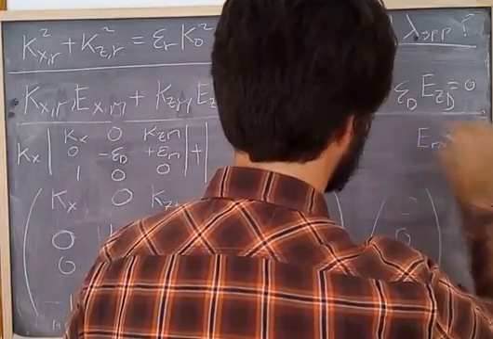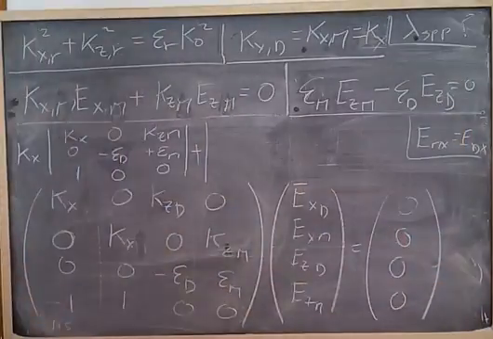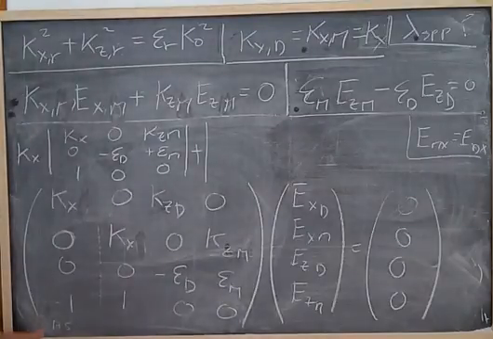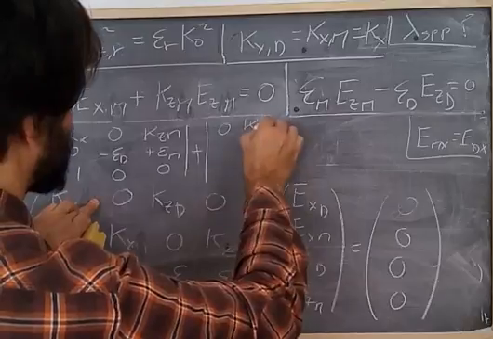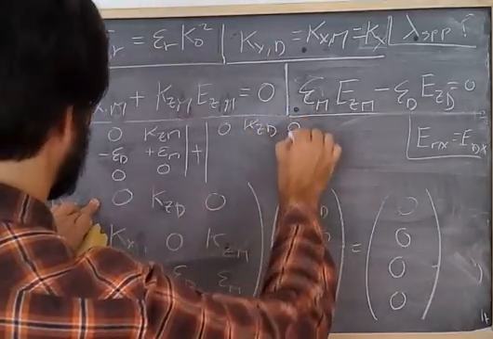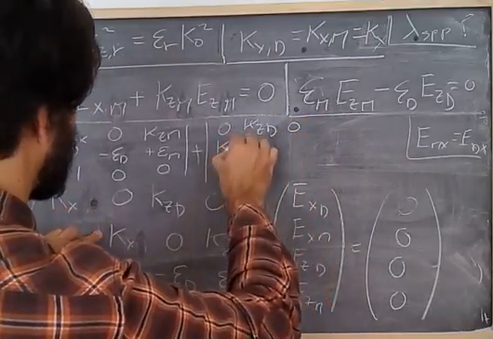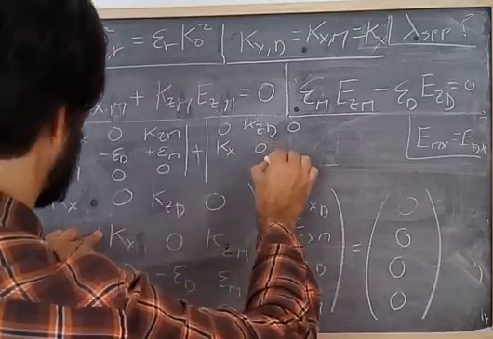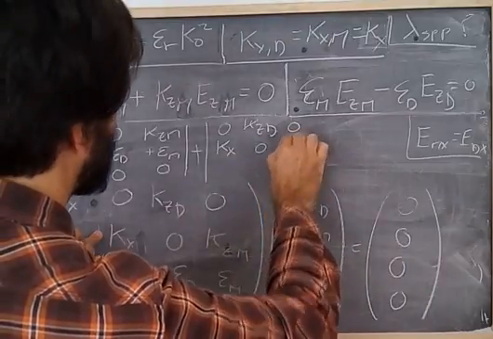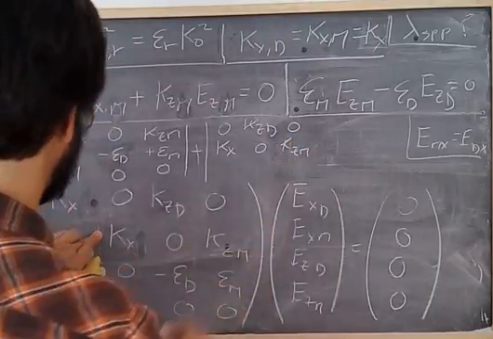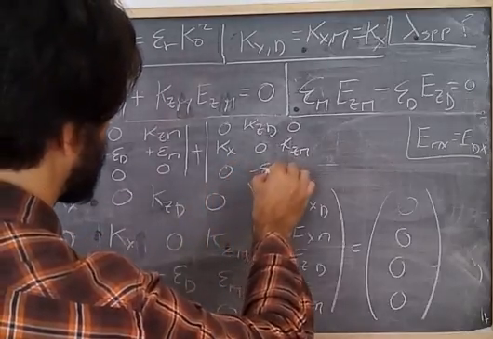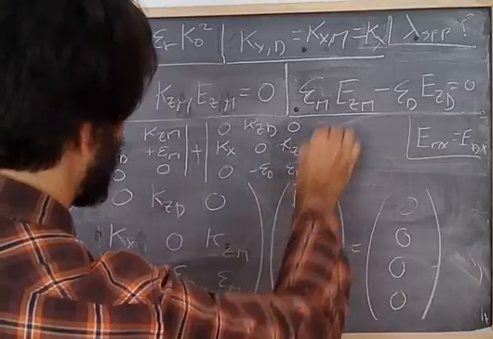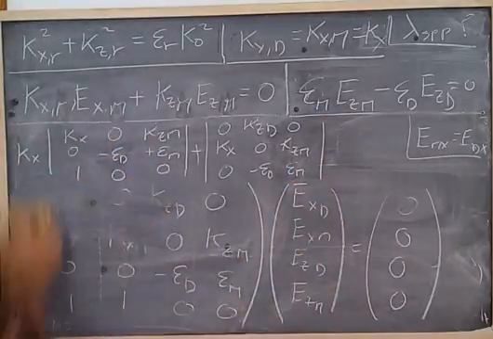Plus, 0 Kz d 0, Kx 0 Kz m, 0 minus epsilon d epsilon m.